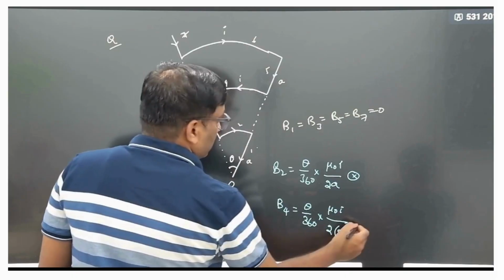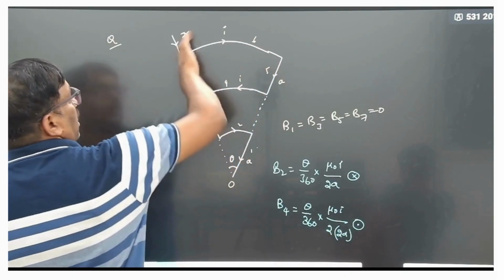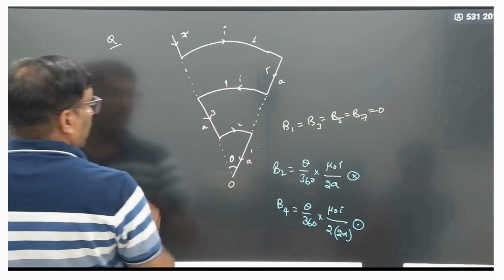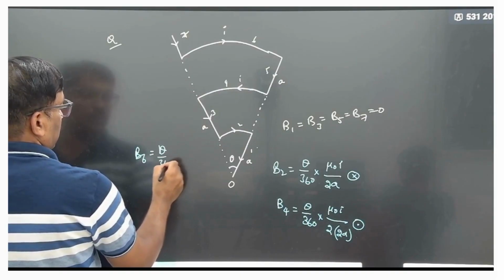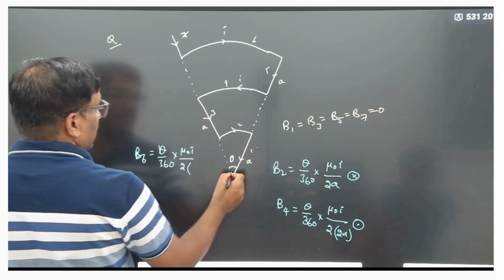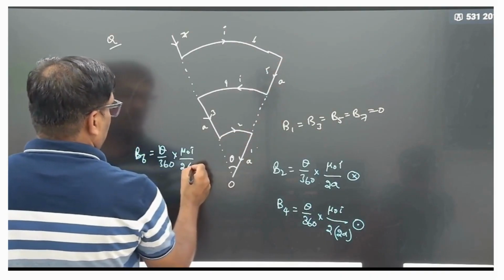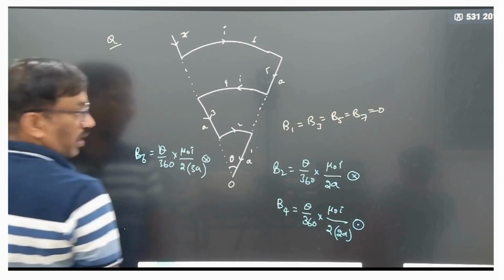Clear? It is outward, coming out. This larger part is inside, therefore it will be B6: theta by 360 into mu naught I by 2 into, what is the distance? A plus A plus A, therefore 3a. Clear? It is into the board, right?